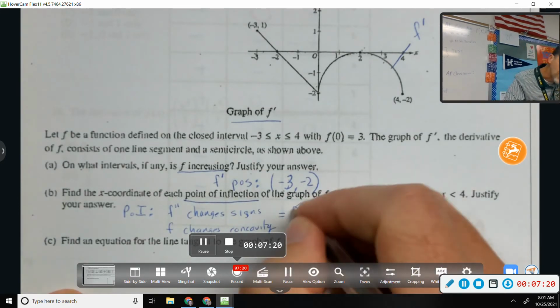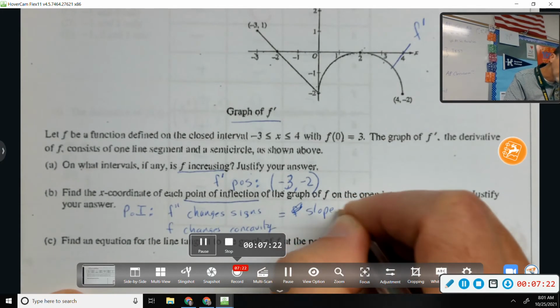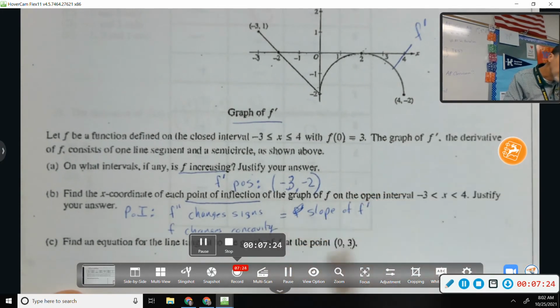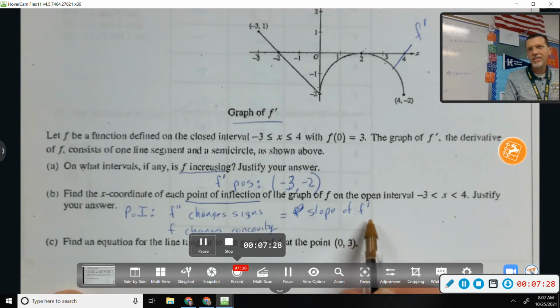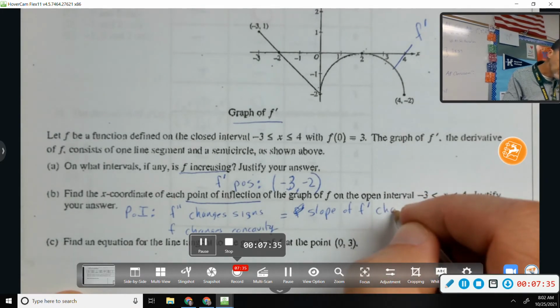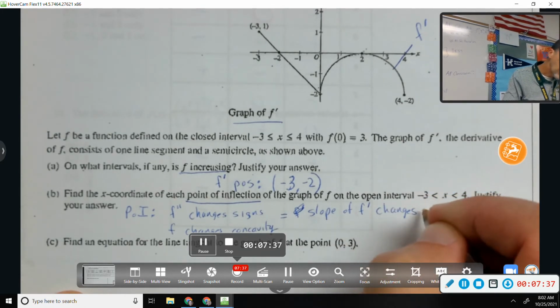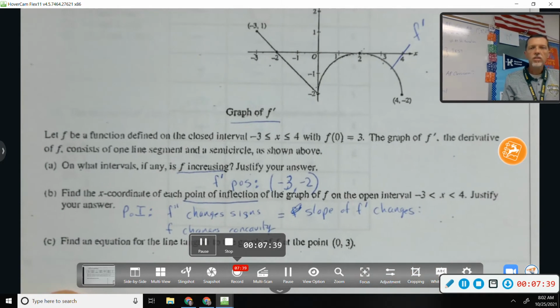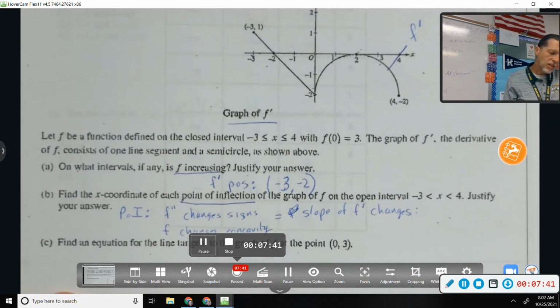Yeah, that's a good way to say it, the slope of f prime. Slope is a derivative word, so slope of f prime is just another way of saying f double prime, or the second derivative. So the slope of f prime changes.